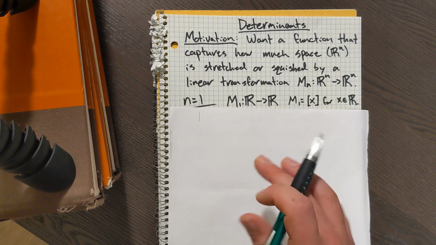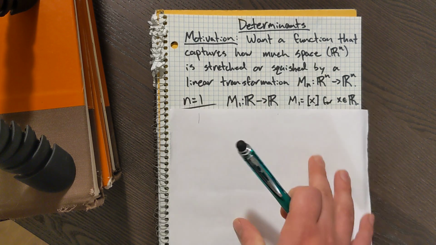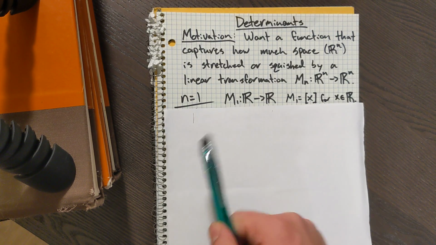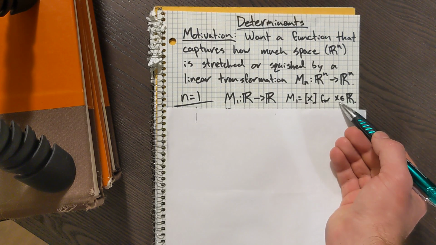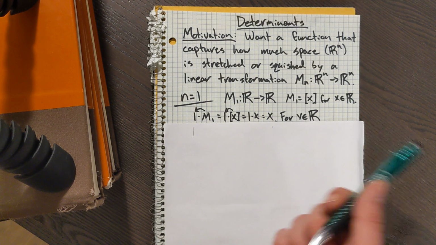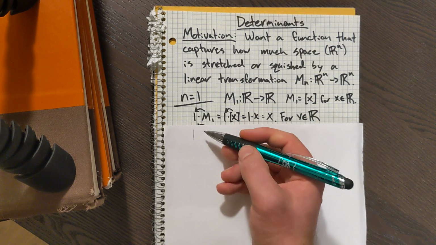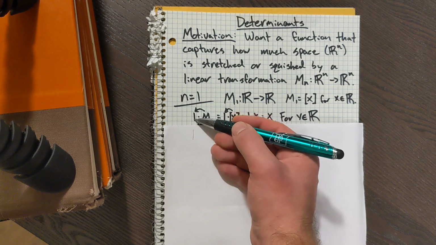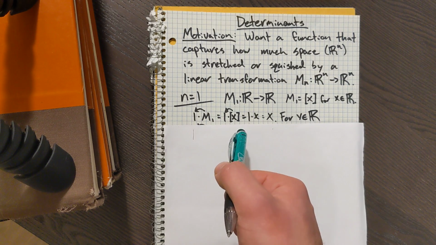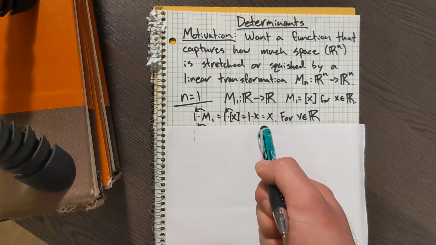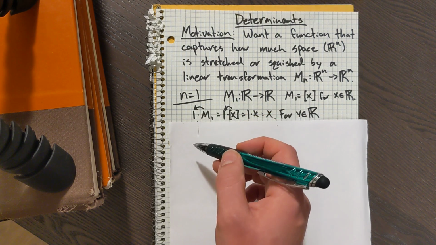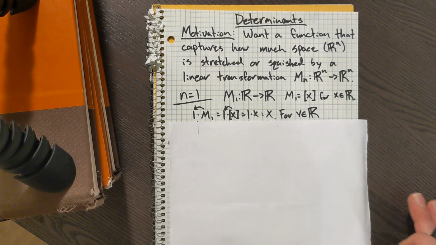In a trivial but good for intuition case, n equals 1, our space that we're stretching or squishing is just the real number line, and our matrix is just a 1 by 1 matrix of x, which is a real number. We're working with multiplication here, so M1 acts on the multiplicative identity by just having the matrix x act on 1, x times 1, which is x, so M1 stretches 1 from itself to x.